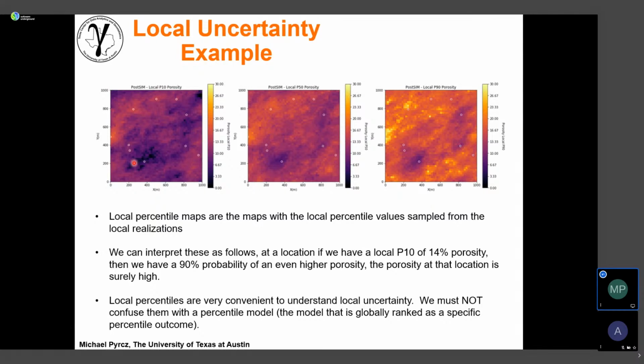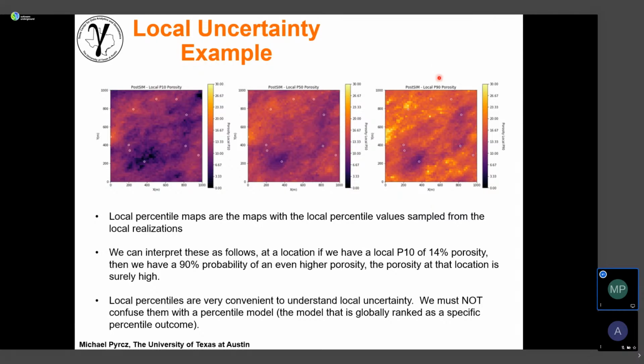If you use this as a P10 model, this would surely be very pessimistic because we took the P10 at each location. Everybody knows a P10 of the P10 of the P10 of the P10 is not a P10. That's more like a P0 point something. It'd be very low. This is the local P50.